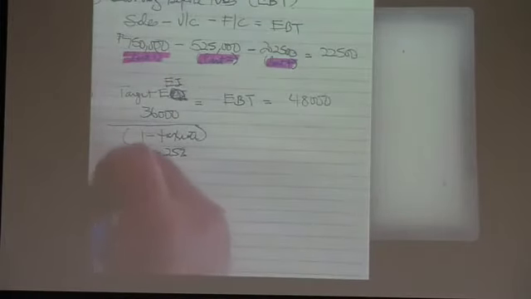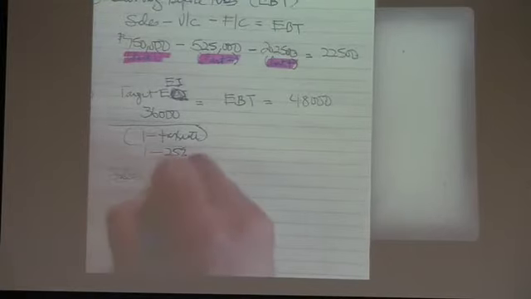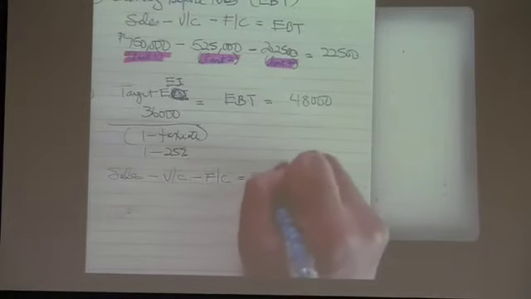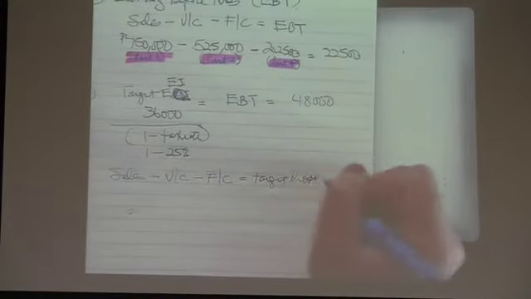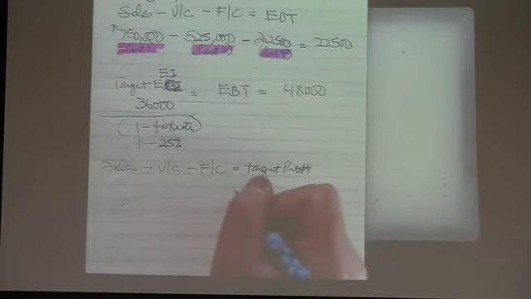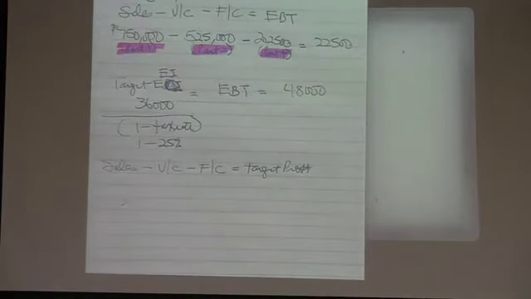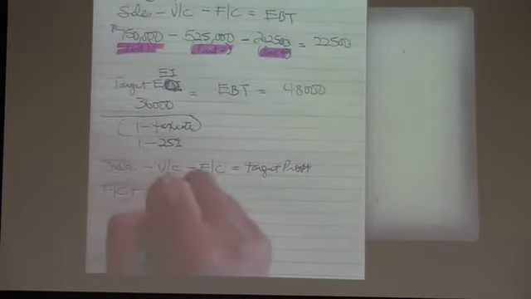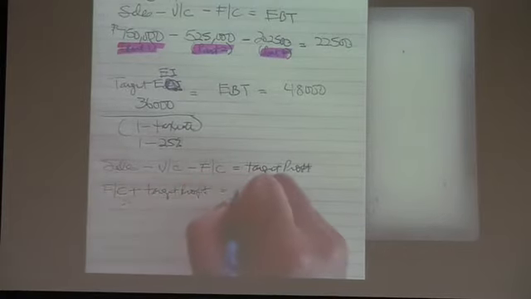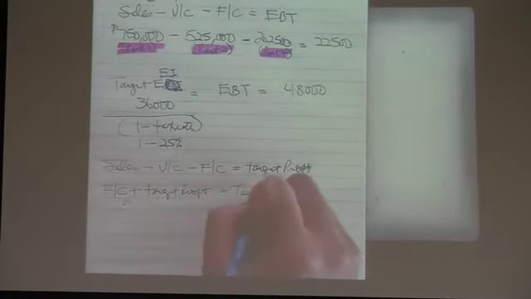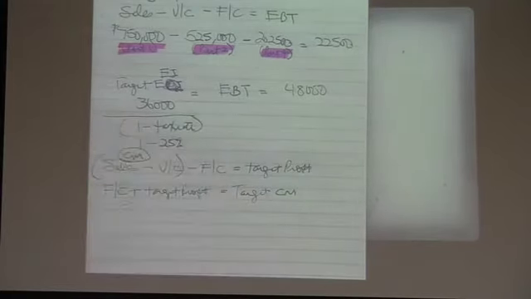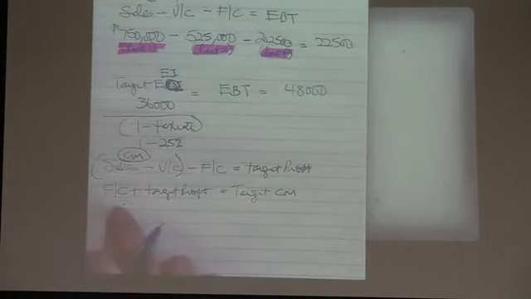Okay, so we know that sales minus variable cost minus fixed cost gives us target profit. Or doing it differently, we know that fixed cost plus target profit gives us target contribution margin, because this is contribution margin, isn't it? So all I'm doing is rearranging the formula, and we know the fixed cost.